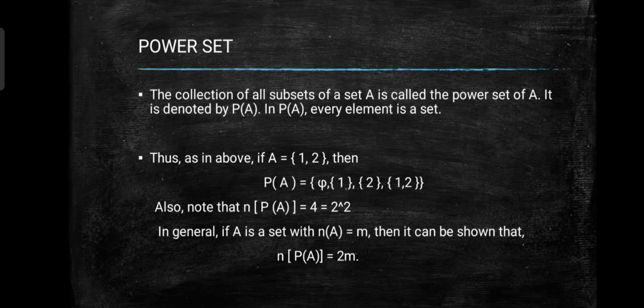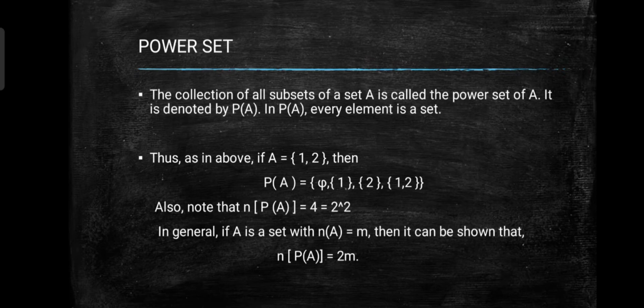Next is your power set. The collection of subsets of a set A is called the power set of A. It's denoted by P(A). In P(A), every element is a set. It's self-explanatory, so just look at this example. The set A contains 1 and 2.